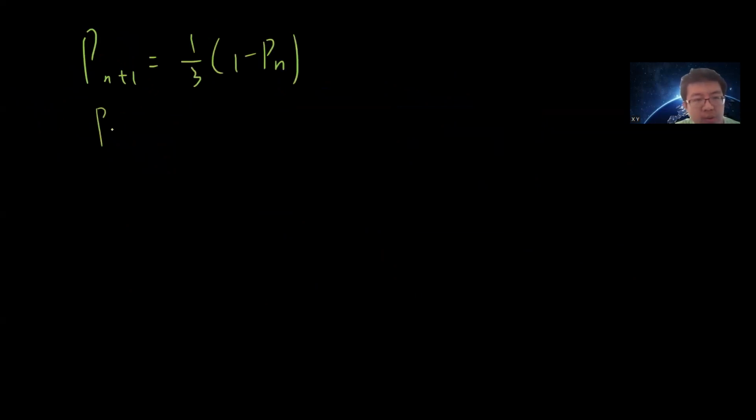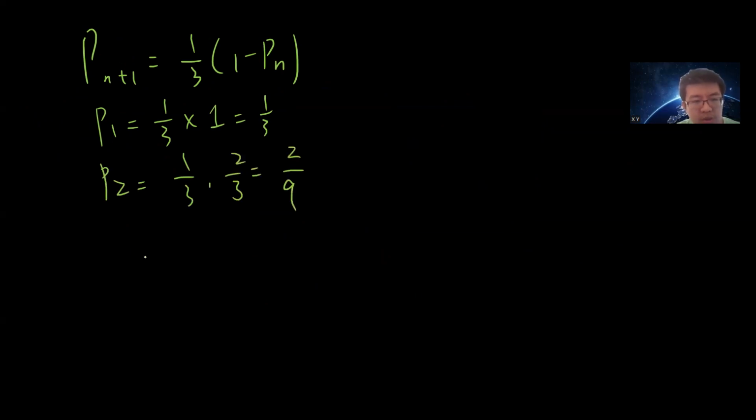Very simple. P1 is 1/3 times 1/3, and P2 is just 2 divided by 9, and P3 is just 7 over 27.